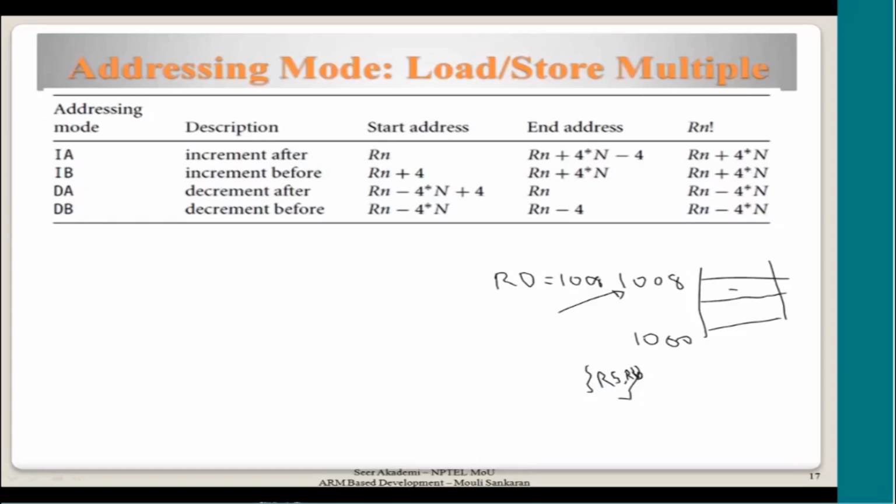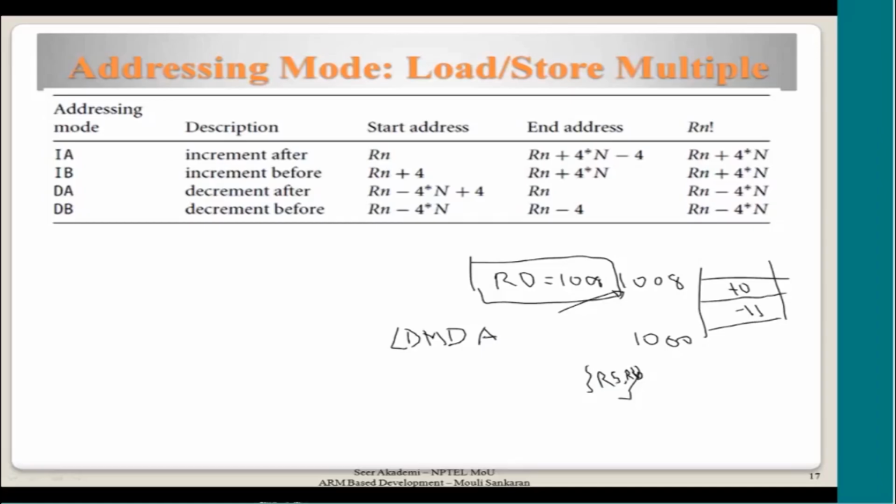I have two locations in the memory, pointed at by R0, which is pointing at 1008, and I am also saying decrement after. Please remember, I am saying decrement after. What am I trying to do? We can do LDM or STM. Let us say LDM. I want to load two memory locations. 10 is stored here, some 11 is stored here.